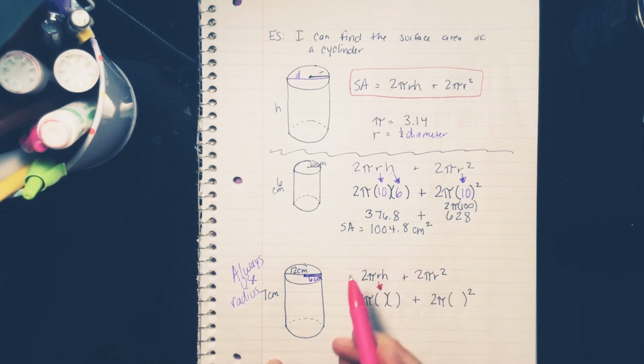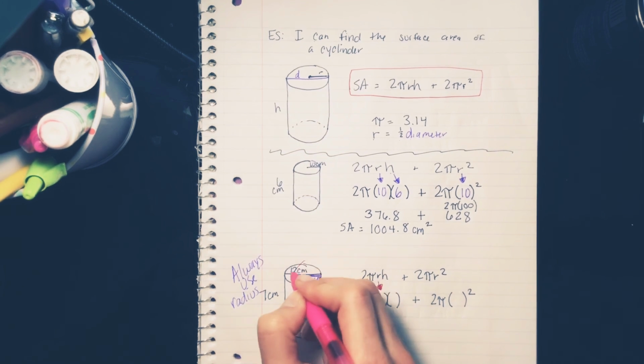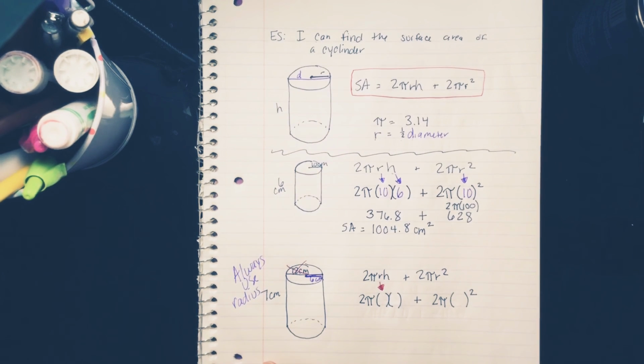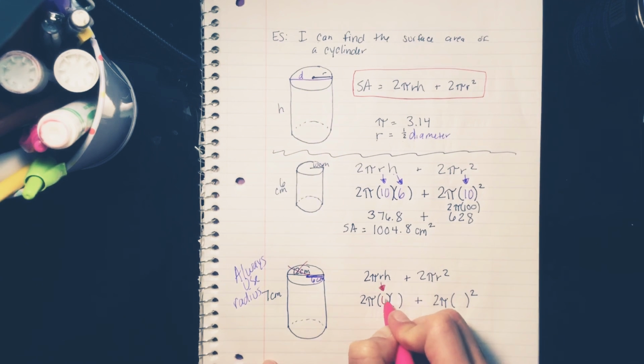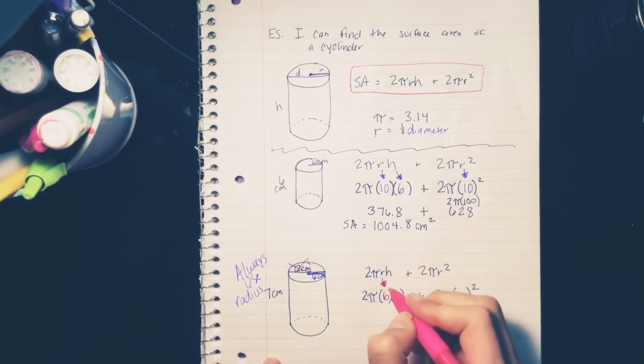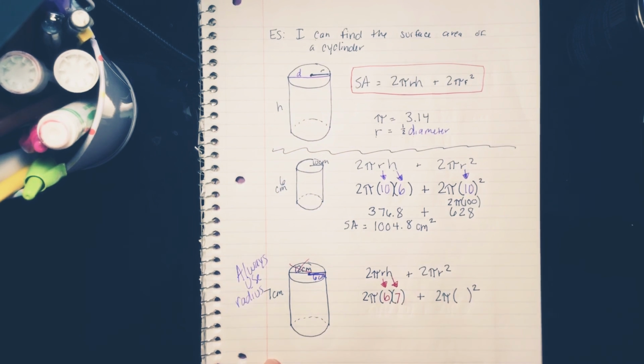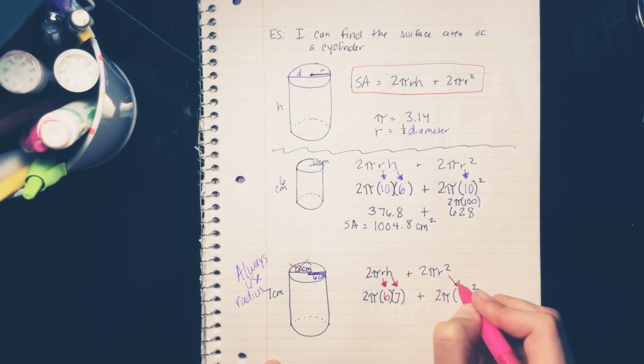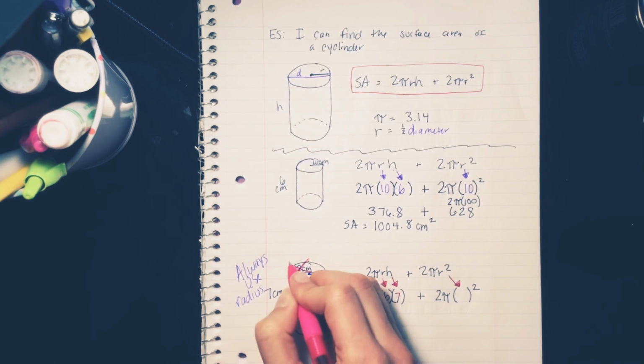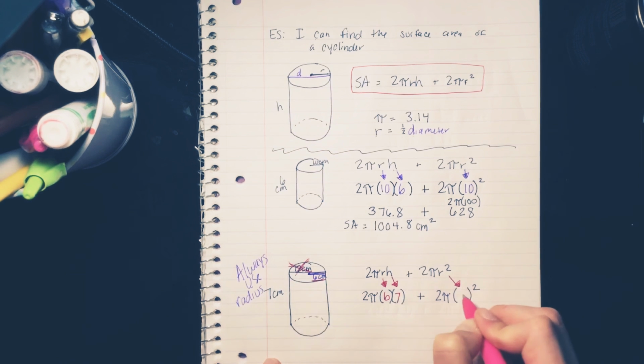Remember we found our radius was 6. We don't use 12 anymore. We're only using 6. And then our height, if we plug it in, is 7. Then we move to our second part, our radius. Remember, we're not using the diameter anymore. We're using the radius of 6.